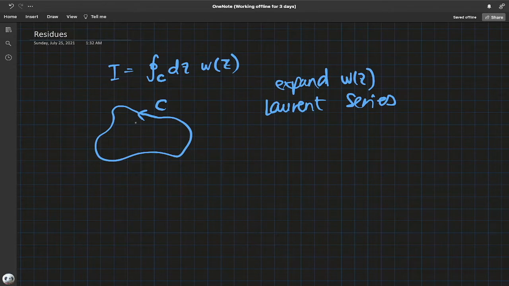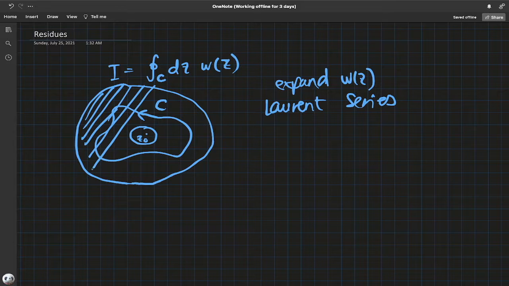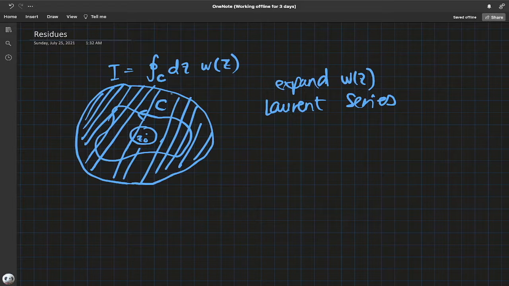So assume you have some pole here, centrally z0, and then maybe some singularity out there, and between them you have the region of convergence. If you remember, a mixed Laurent series had the region in between, the disk in between two singularities, as the region of convergence. So the contour is not really passing through the z0 circle, but is in that region.